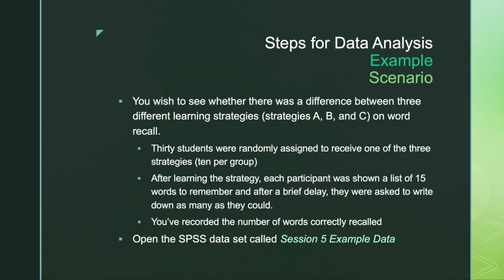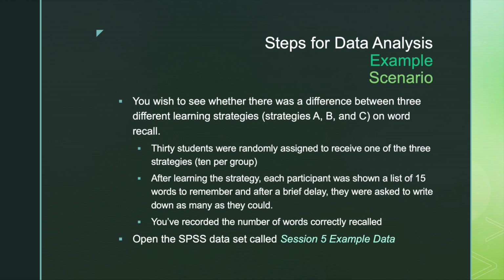The example that we're going to be working with is we wish to see whether there is a difference between three different learning strategies, either A, B, or C, on word recall. Specifically, 30 students were randomly assigned to receive one of three different strategies. We put 10 people per group. After learning the strategy, each student was shown a list of 15 words to remember.